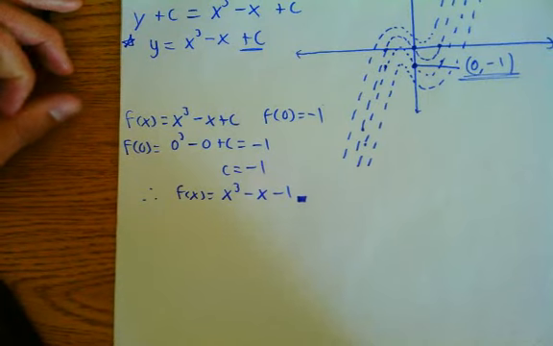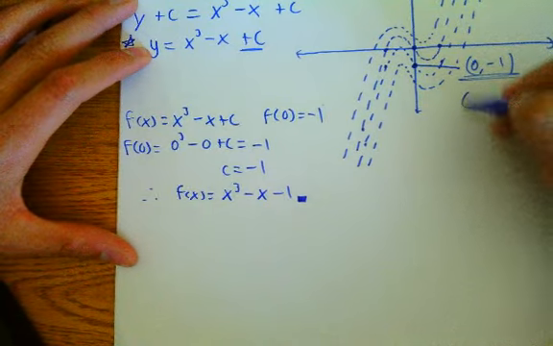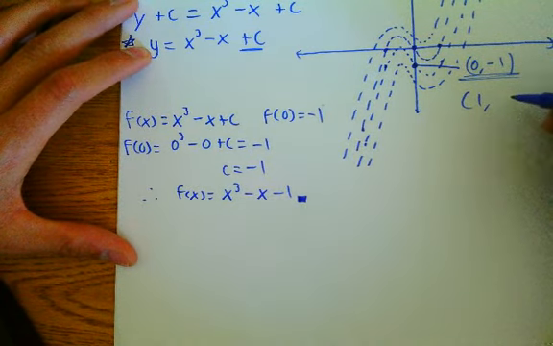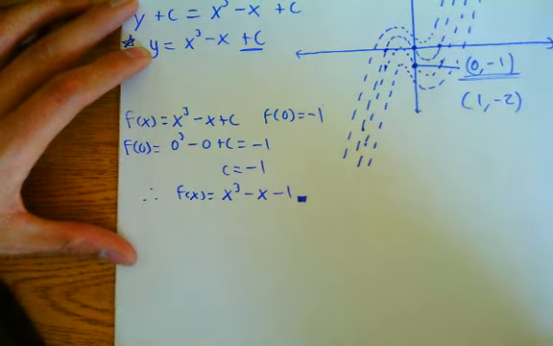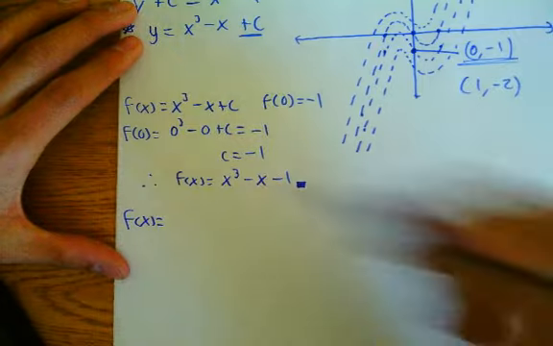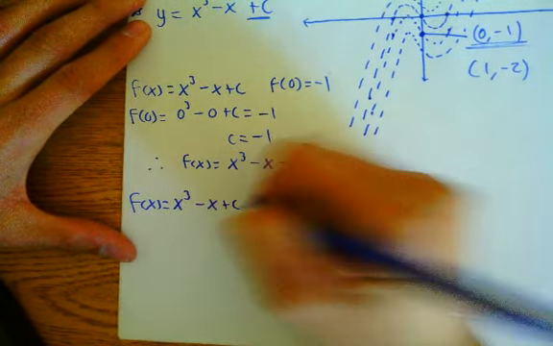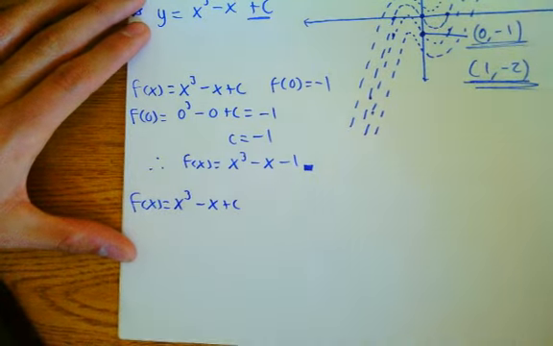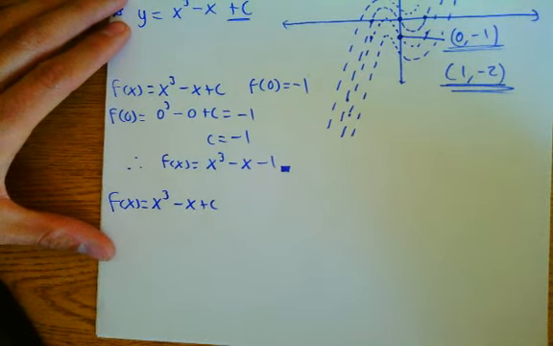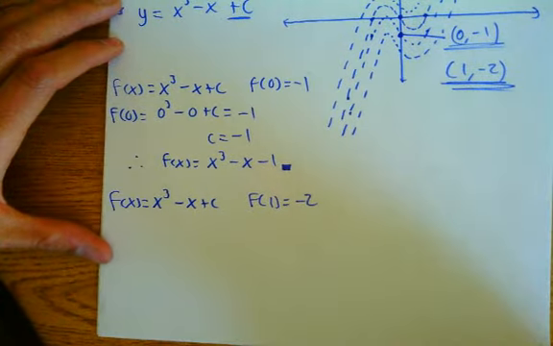Same equation. What if I told you that it has the point (1, negative 2)? What are you going to have to do? You know that f of x is equal to what? x to the third minus x plus c. And what do you know from this point right here? f of 1 equals negative 2.